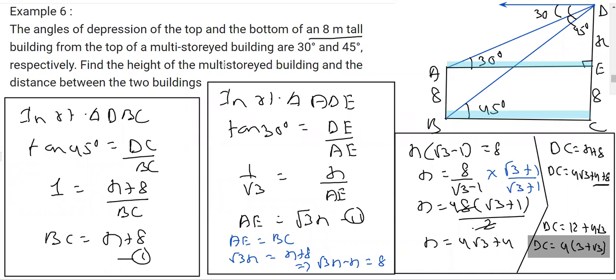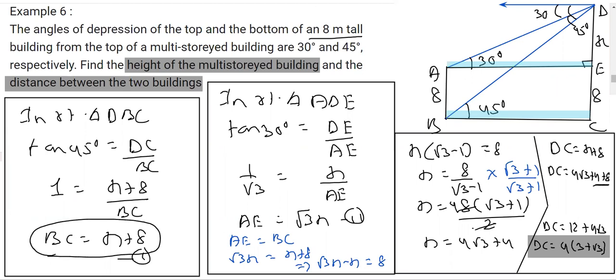DC is the height of the multi-story building. And then we also have to find the distance between the two buildings. The distance between the two buildings is either BC or AE. Let's say BC. BC is nothing but X plus 8, which we have already calculated.